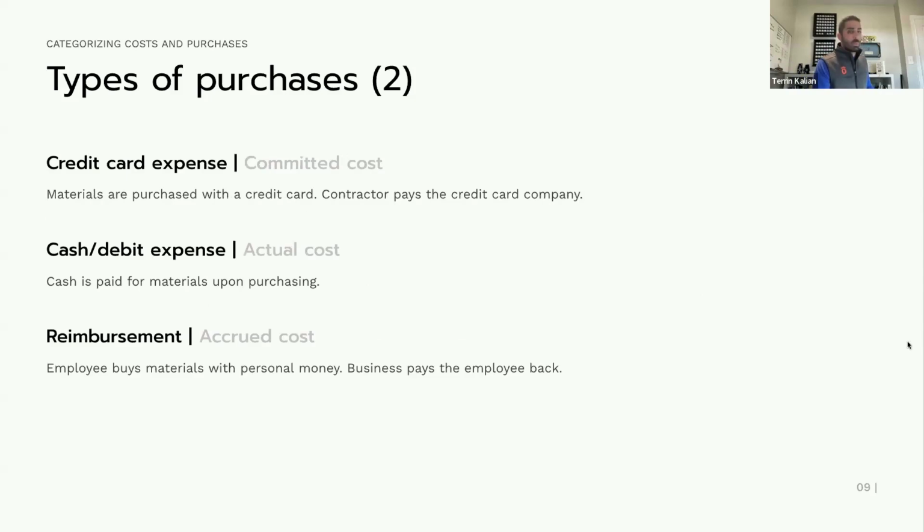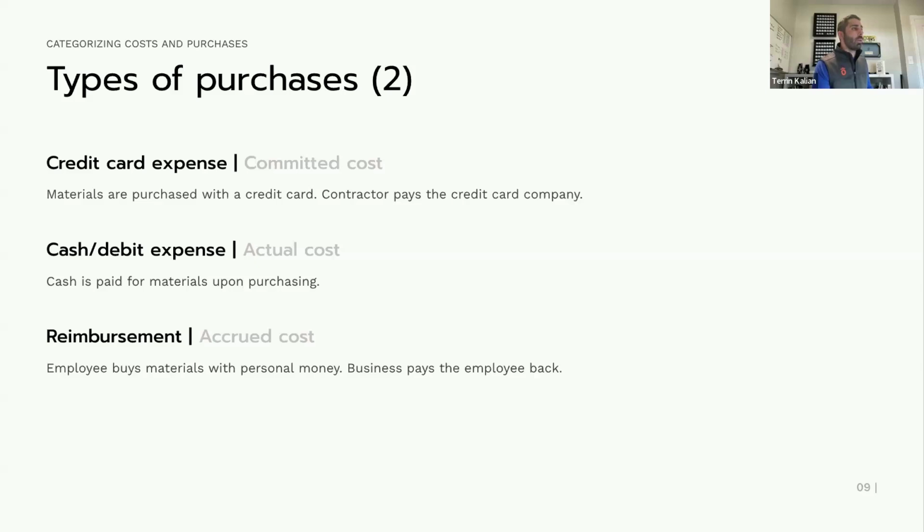The other types of purchases we work with are going to be our credit card expenses, cash and debit expenses, and our reimbursements. And I mentioned this briefly at the beginning here, but the idea here is that a credit card, similar type of transaction where I am purchasing something without cash necessarily changing hands.